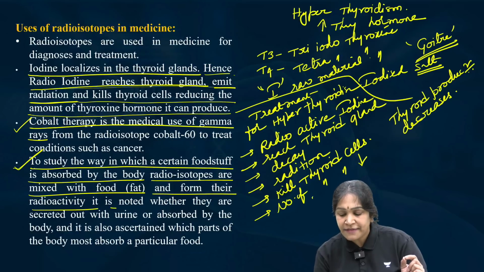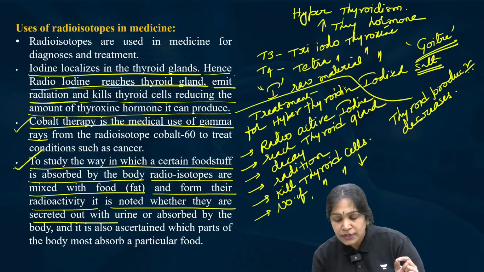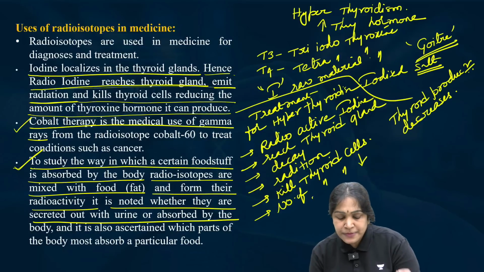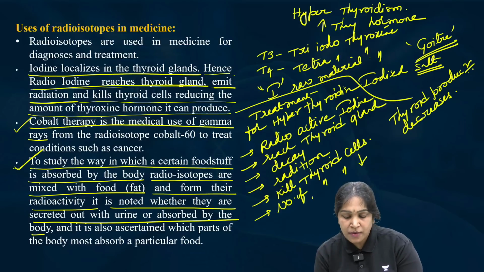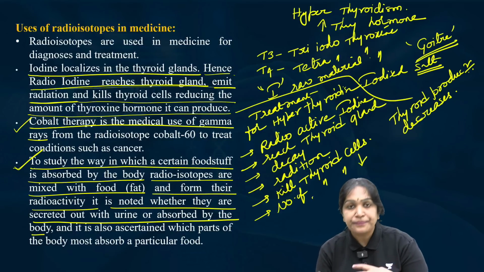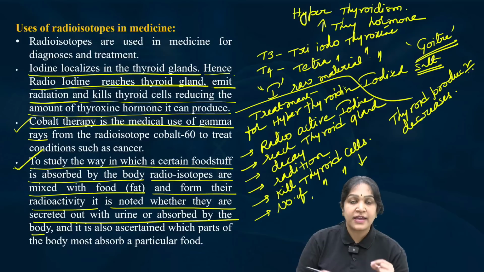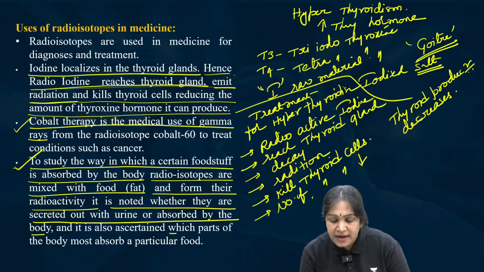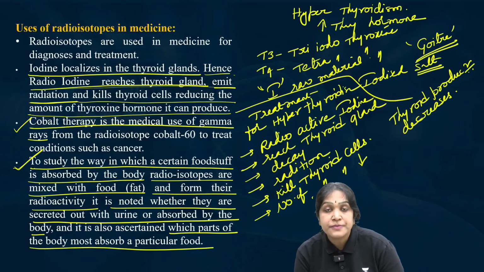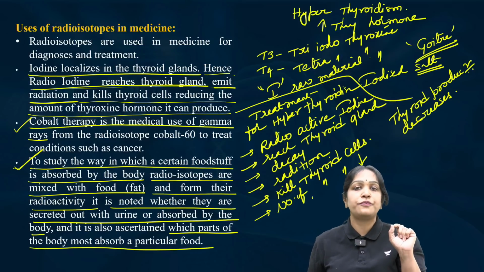It is noted whether they are secreted out with the urine or absorbed by the body. And if it is absorbed, we can also study which parts of the body mostly absorb a particular type of food.